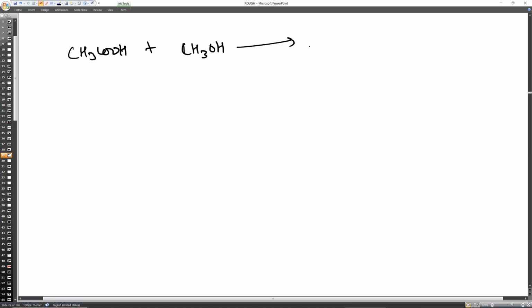Then when you react it, you will get CH3COOCH3. This group comes from the alcohol, and you will write its name as methyl ethanoate. Okay, and they will have the same formula. The compressed formula is still the same. Methyl ethanoate and ethyl methanoate both have the same formula.